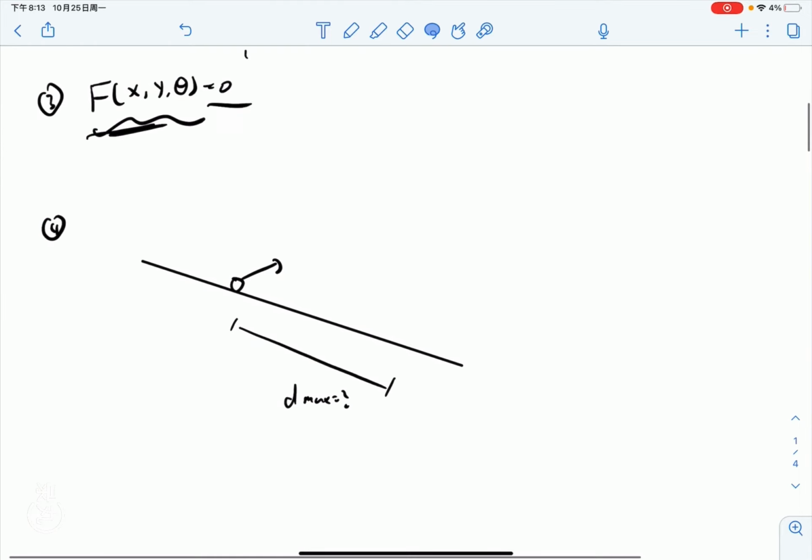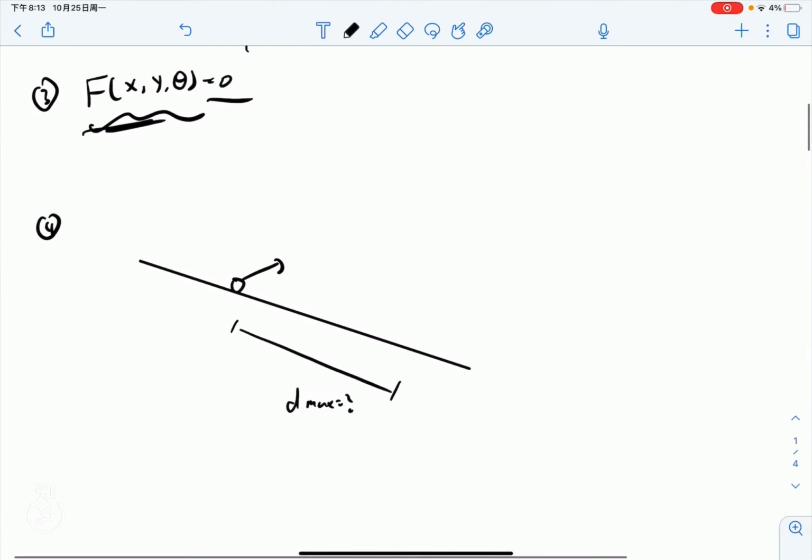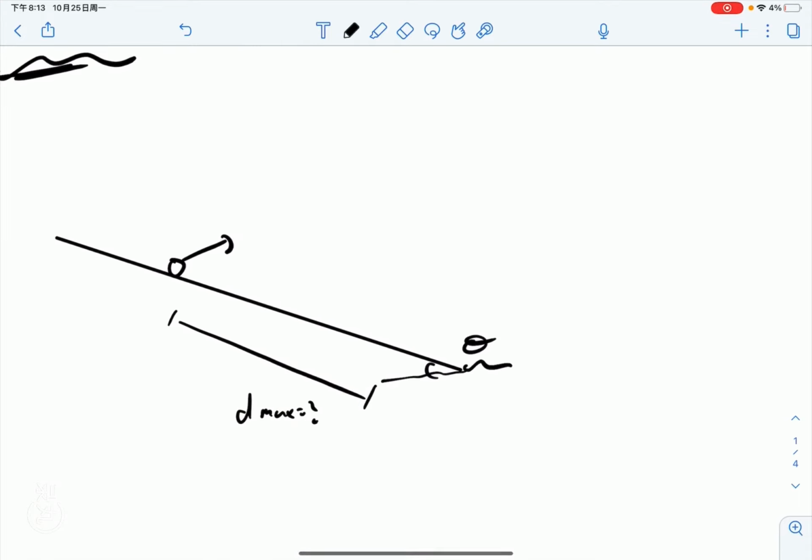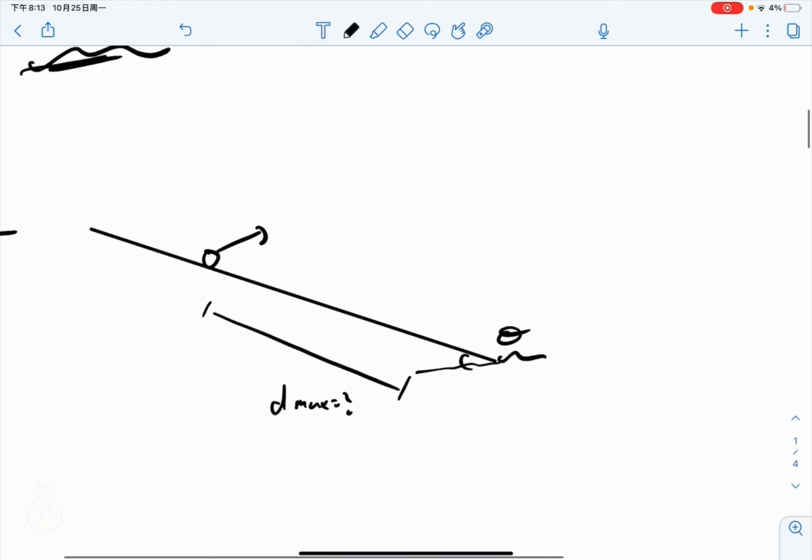And now, going to the fourth question, it's like launching at a leveled plane, maybe. I forgot what it's called. Here's phi and here's theta.